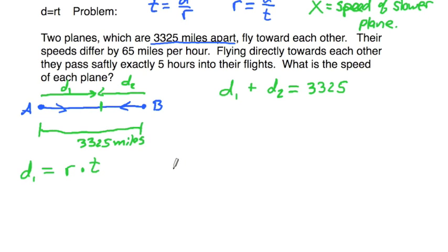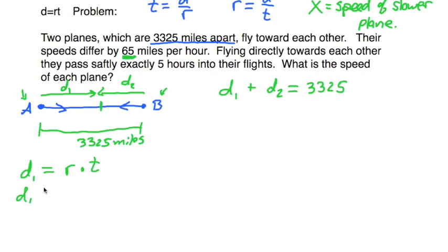All right, so if x is the speed of the slower plane, we'll let B be the slower one. Then A must be the faster one. Well, how much faster than the slower one? Well, there's this difference of 65. So we have that the distance 1 is the slower plane. No, I'm sorry, the faster plane.